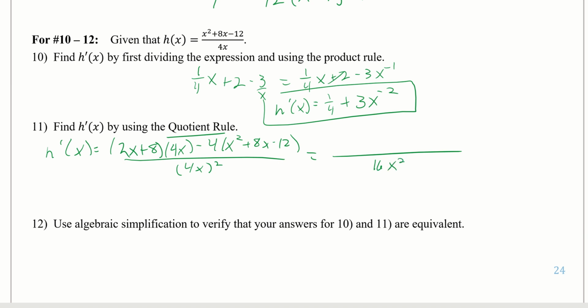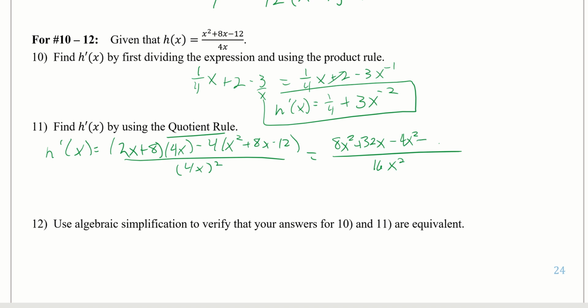Now the numerator, we've got 8x squared plus 32x minus 4x squared plus 8x, oops, going too fast, not plus, because we're distributing a negative 4. Ooh, a lot of mistakes on that one.